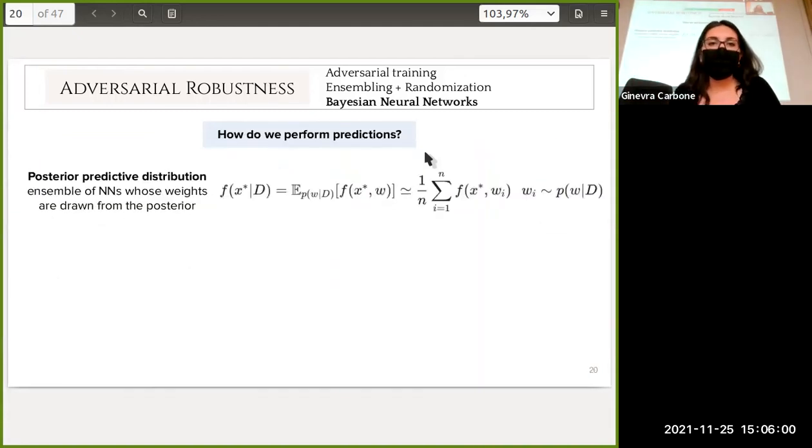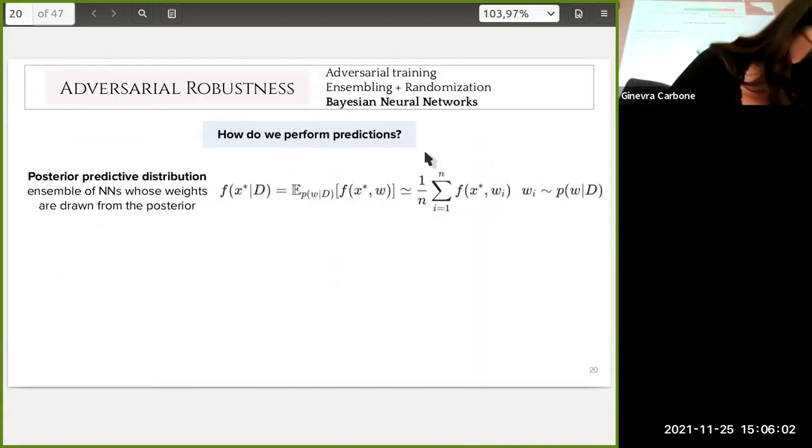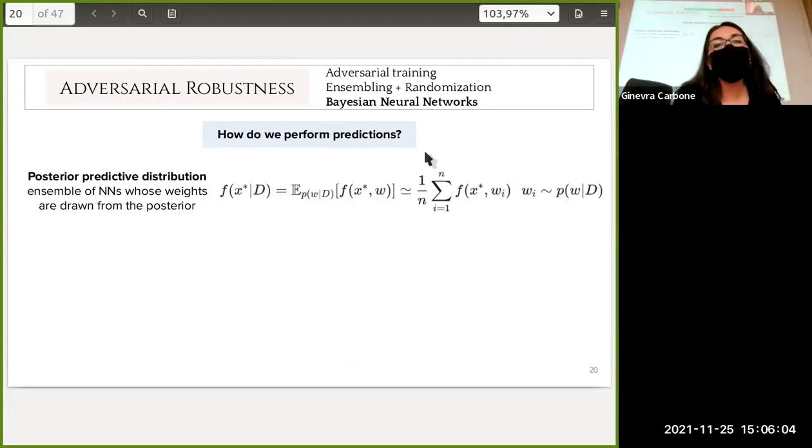So the question is, if we have Bayesian neural networks, how do we compute a prediction on a new observed point? Because we do not have a certain fixed function f. We have probability distributions over all the weights.